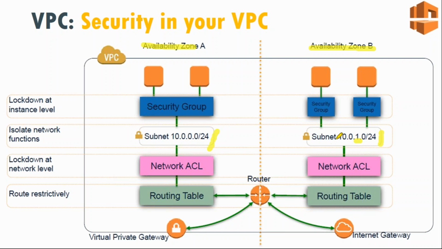Again, at the subnet level, I will be applying my network ACLs, and I will be using routing tables to ensure that not everybody can send traffic everywhere, and only my routing table will apply to the security group or my VPCs. So this way you have multiple layers of security built into your VPCs.